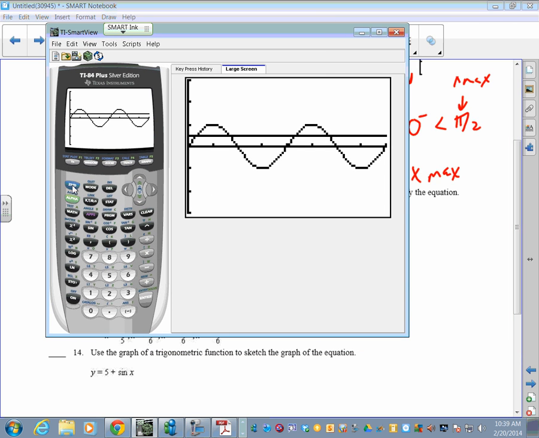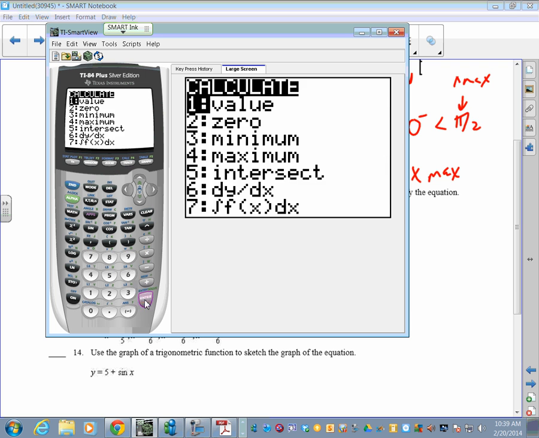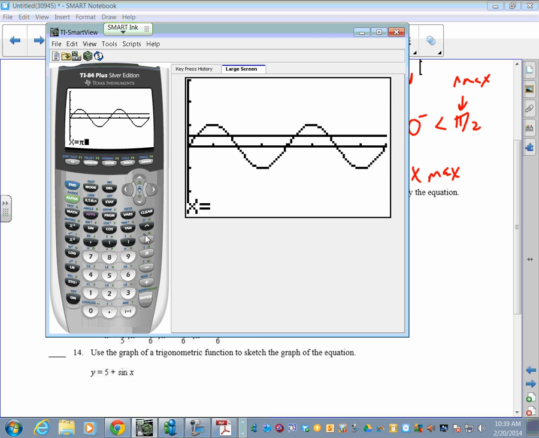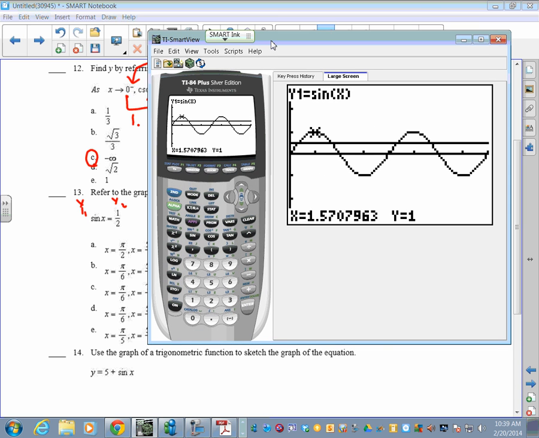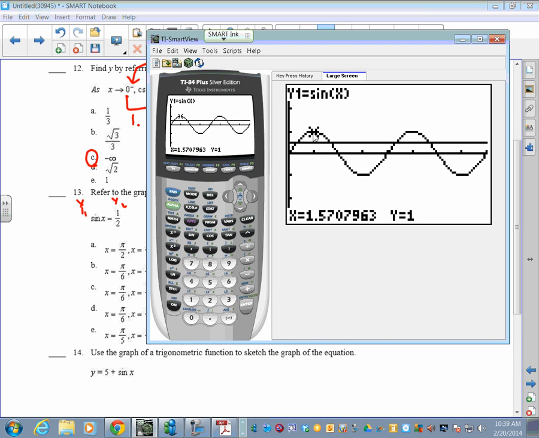So I'm going to check it. Second, calculate, value, pi divided by 2. And I should get out 0.5, right, if it's a true statement. But that cursor's not on the graph and the line at the same time, is it? So A is out.